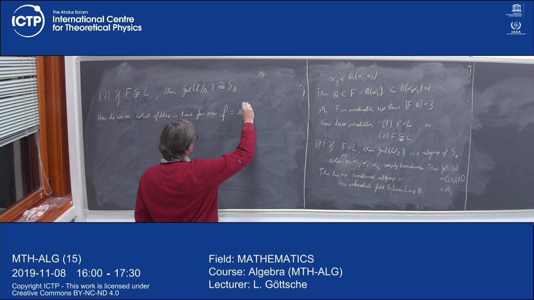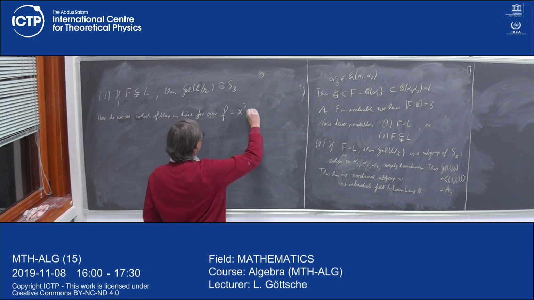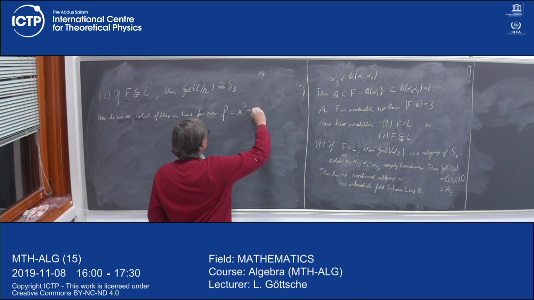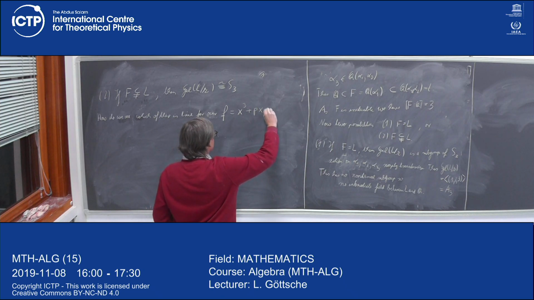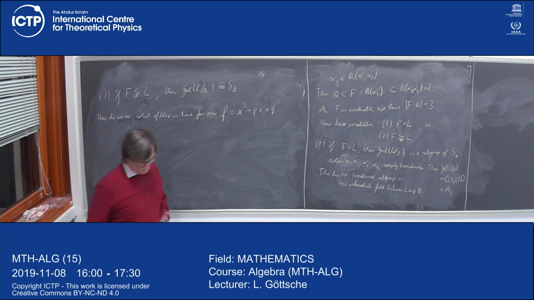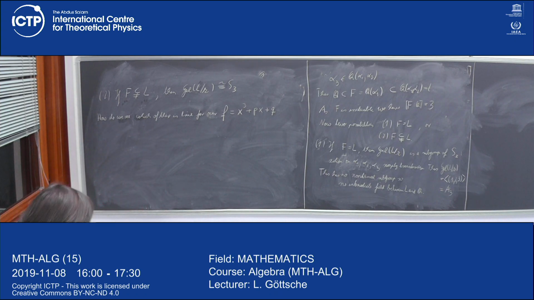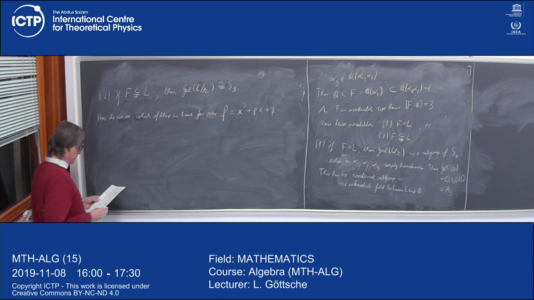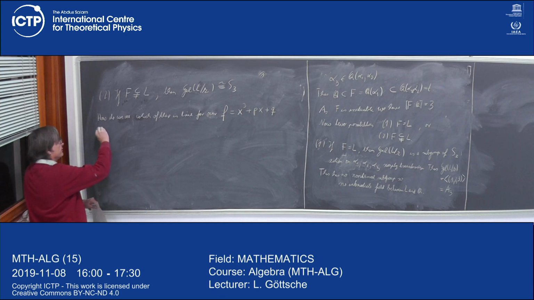Now I write it in terms of p and q: x cubed plus p x plus q. One can see this in terms of the discriminant.